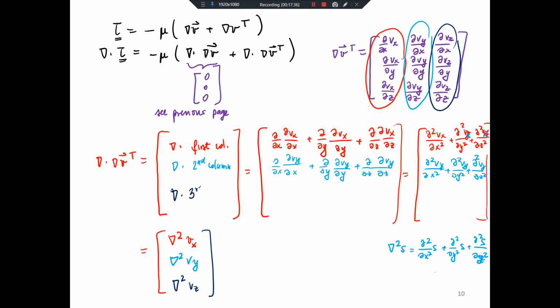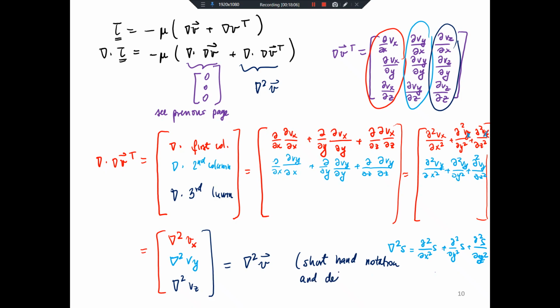So this is the third column, and I invite you to do this calculation yourself. So what did we get? We got that this here indeed is the Laplacian of V, where this by definition is the Laplacian of V. This is just shorthand notation.